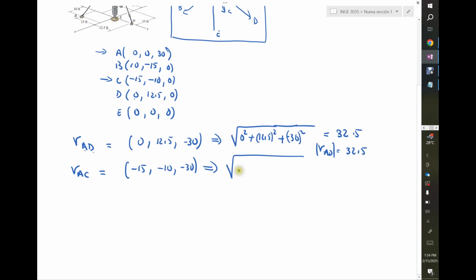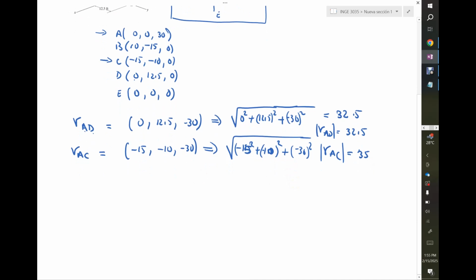So the magnitude is minus 15 squared plus minus 10 squared, be careful here, plus minus 30 squared, and the square root of all that, on the calculator, is 35. So we got that as well.